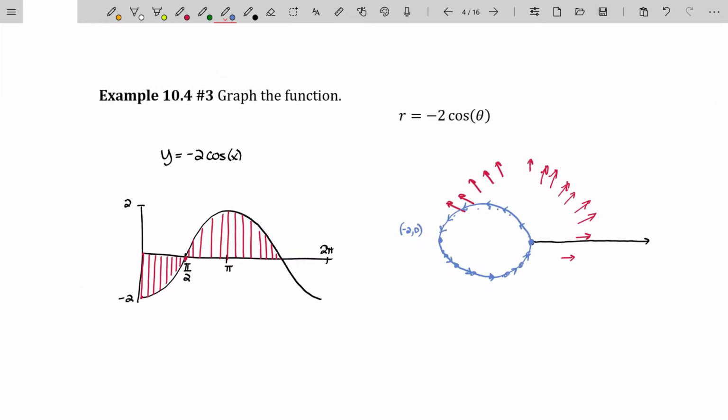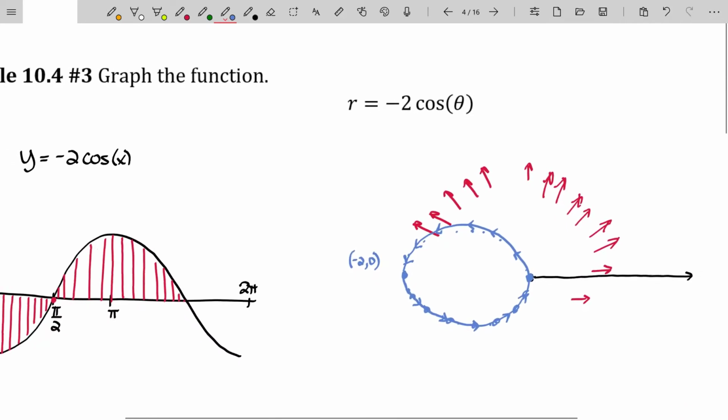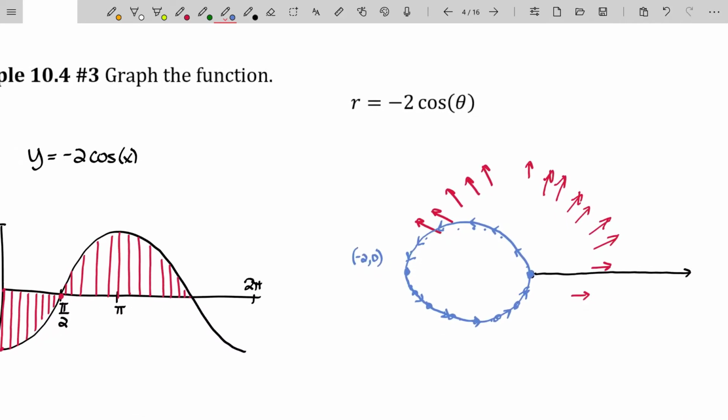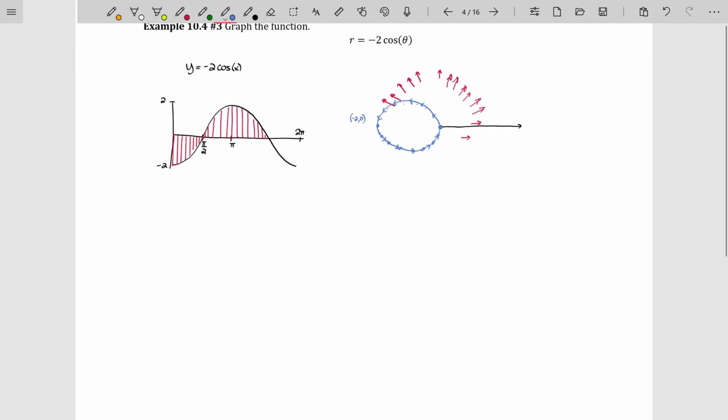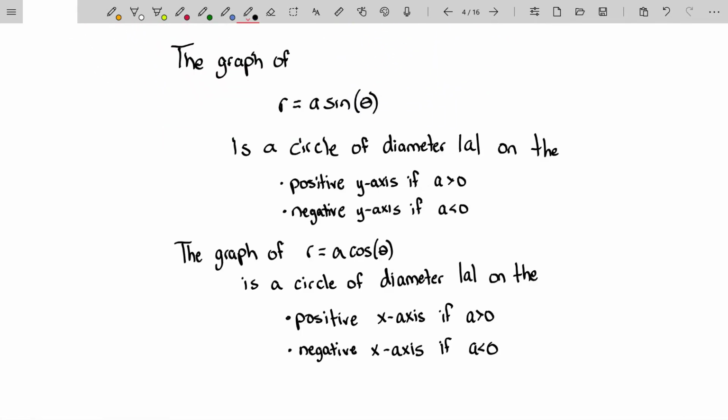Again, pattern recognition. Notice it's a cosine, and we have a circle that's on the negative x-axis, and it's a negative cosine. So a good rule of thumb here, kind of the punchline, is the following.